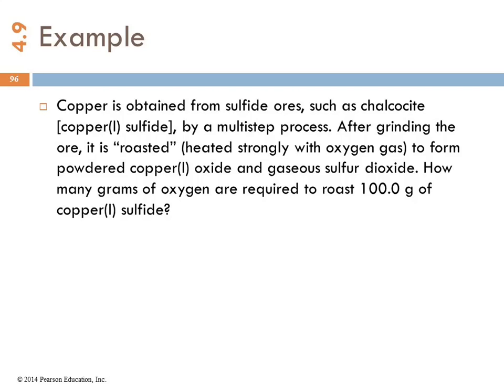What is one of the reactants? The copper 1 sulfide. So copper 1 is Cu plus, right? Plus 1 because that's what the Roman numeral means. Sulfide has what charge? 2 minus.